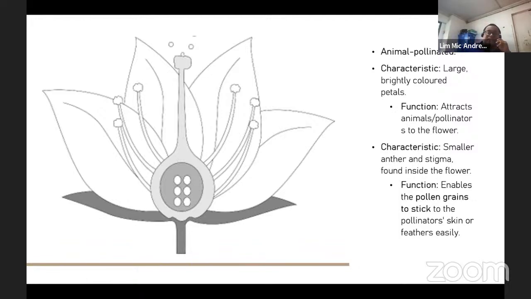So they have to have beautiful, bright colors to attract the animals or pollinators to the flowers. Their characteristic is smaller anthers and stigma found inside the flower, to enable the pollen grain to stick onto the pollinator's skin or feathers easily. So these are the two different ways the flower can kickstart the process of pollination.